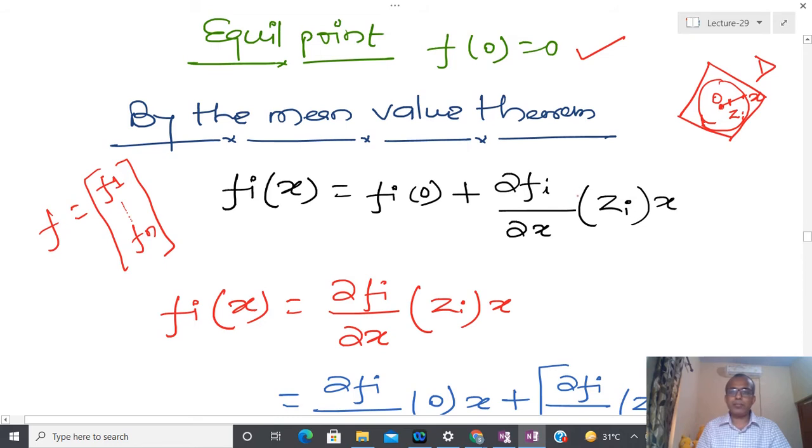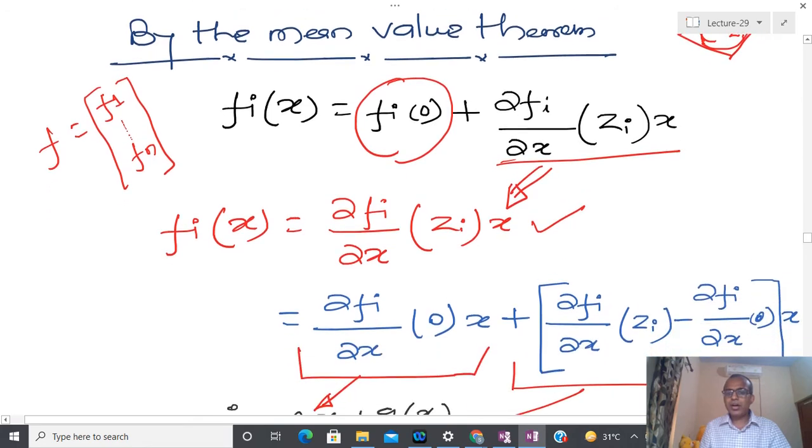I don't remember exactly. Now what we found is that since 0 is my equilibrium point, f(0) is a column vector in which each and every entry equals 0, so this equals 0. Finally I have this kind of expression, and the same thing I have copied here.